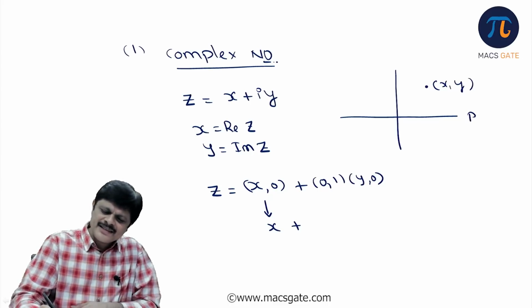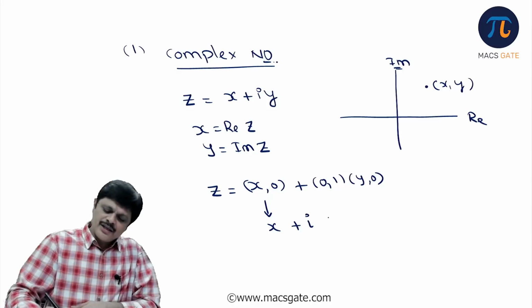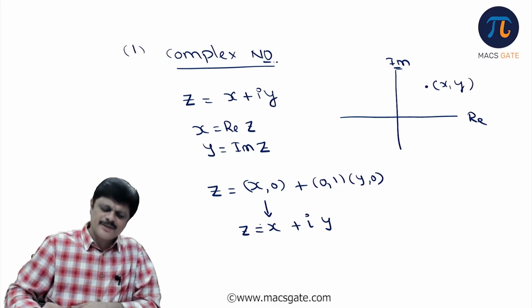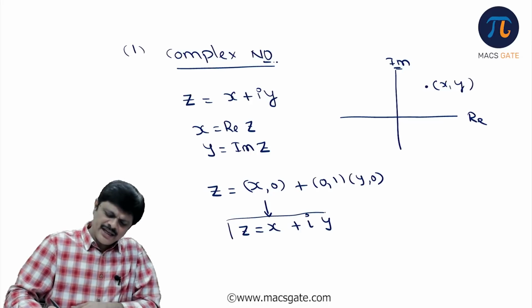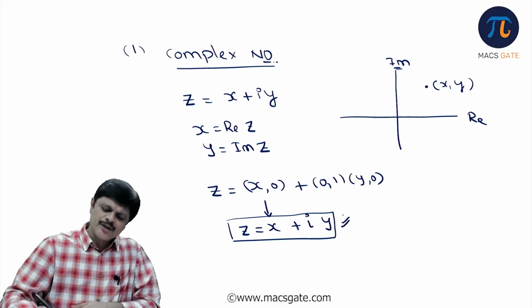This is called the real axis, this is called the imaginary axis. So the values on the y axis are imaginary numbers. When it is (0, 1), it is i, (0, 2) is 2i, (0, 3) is 3i, like that. (0, -1) is minus i. So this (y, 0) is again a real number, so z is equal to x plus iy. So this is the idea. Hope you understand. This is how we can express a complex number.